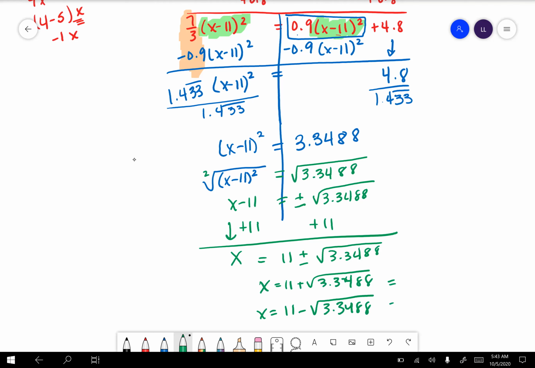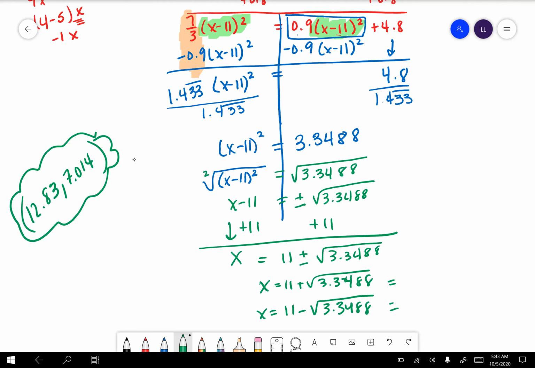So remember, the solution that we're trying to verify is 12.83 and 7.014. That's what we're trying to verify. Okay, so let's go back to Desmos and let's type this expression in and see if that gives us our next answer.